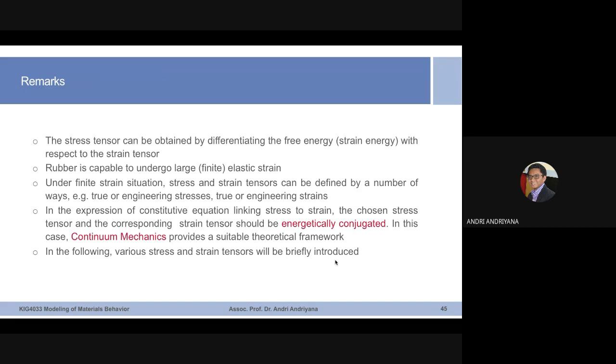So whether you calculate engineering stress or true stress, the result will be more or less the same. There is no point in specifying true or engineering stress when dealing with elasticity in metals. But for rubber materials, which are capable of undergoing large elastic strain, we need to be careful. There are a number of ways that we express the stress. Is it true stress?